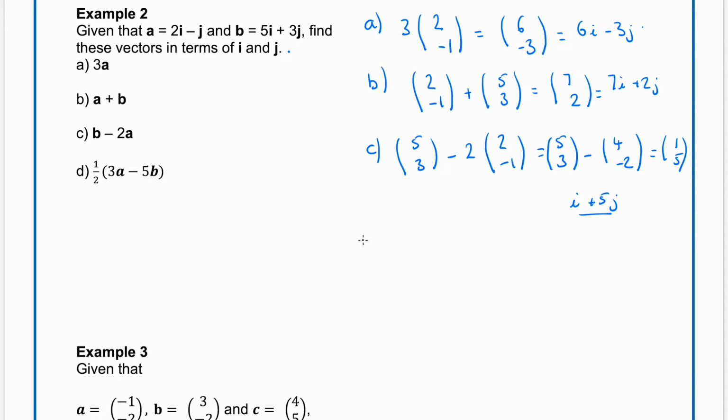And for question D, we'll work out the brackets first. So we have 3 lots of a, so 2 and minus 1, minus 5 lots of b, so 5 and 3. So now we have 6 and minus 3, minus 25 and 15.